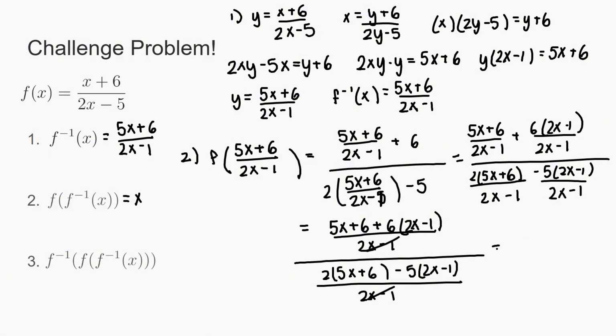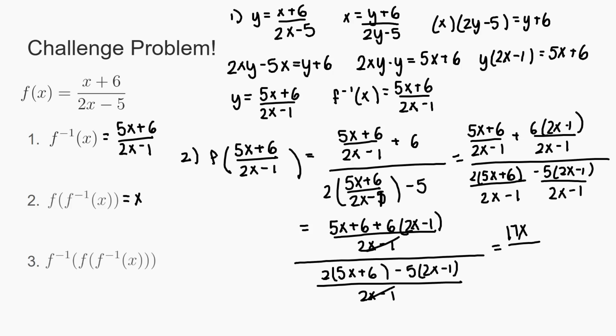And we simplify this. We get 5x plus 6 times 2x, that's 5x plus 12x, 17x. We have 6 plus 6 times negative 1, 6 minus 6, which is 0. Bottom, we have 2 times 5x plus 6, minus 5 times 2x minus 1.